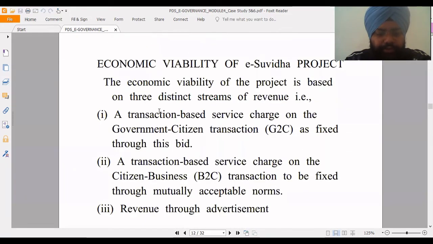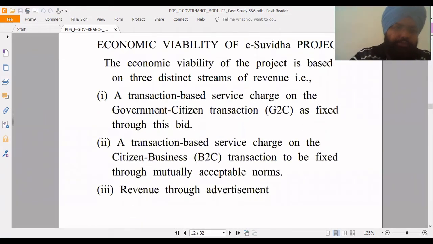So coming to the next, we are going to discuss the economic viability of the e-Suvidha project.